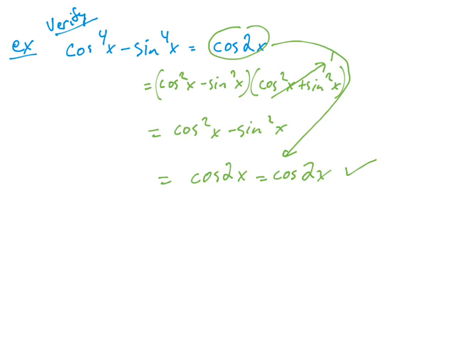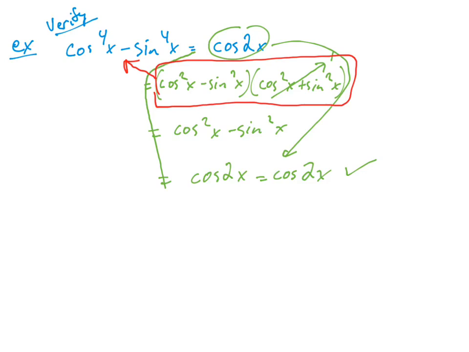Now when I look at work like this, it's really confusing to me because I see these equal signs lined up, but this work is actually coming from the left-hand side of the original equation. How it's written, though, it makes it look like what is written here is coming from the right-hand side because it's to the right of these equal signs.